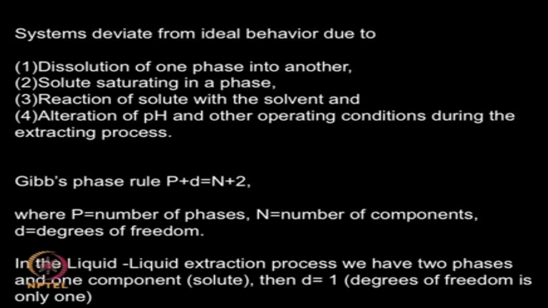So you see the thermodynamics plays a very important role in this process, and the phase rule determines the number of degrees of freedom that are present for this extraction process. So once you fix the concentration in the solvent phase, automatically the concentration in the feed phase is fixed, or if you know the partition coefficient, automatically both the concentrations are fixed.